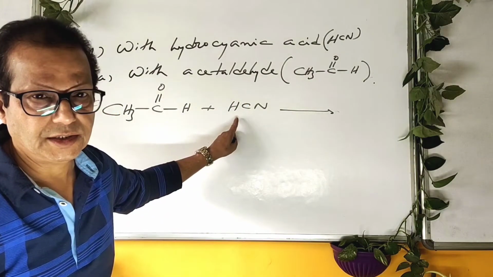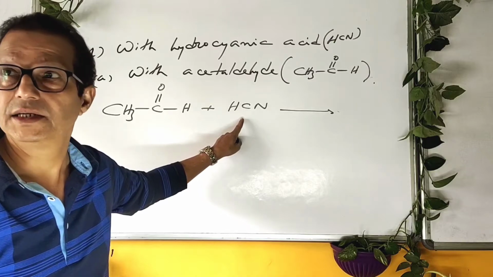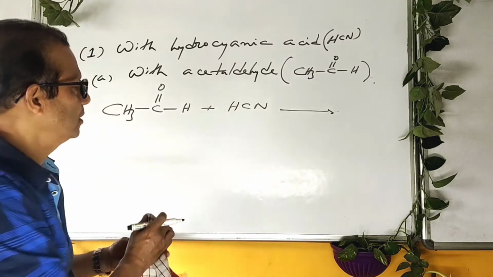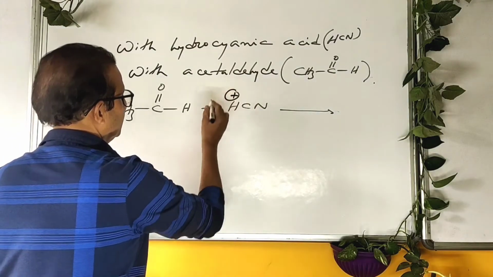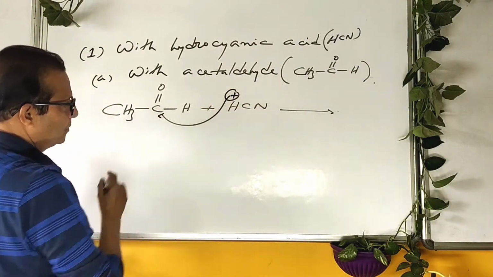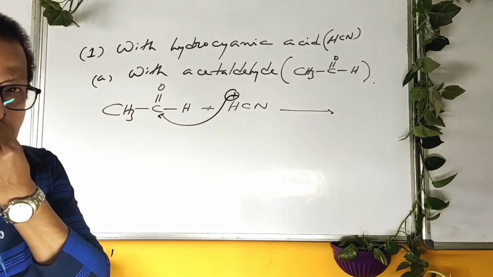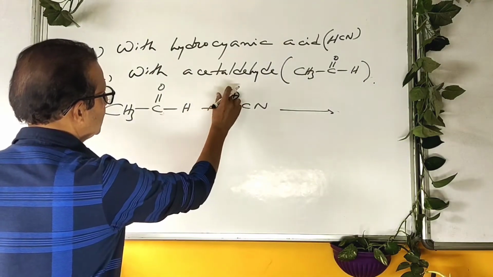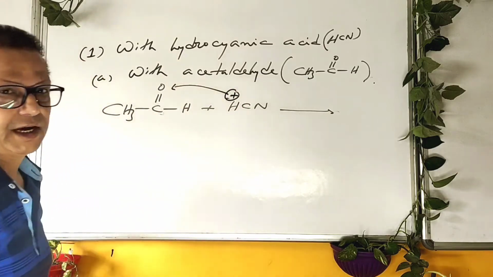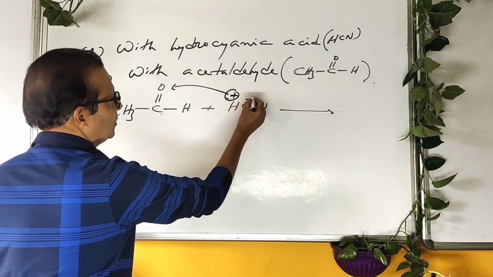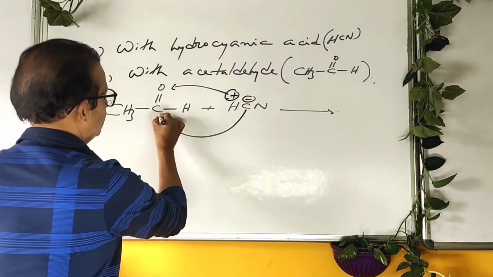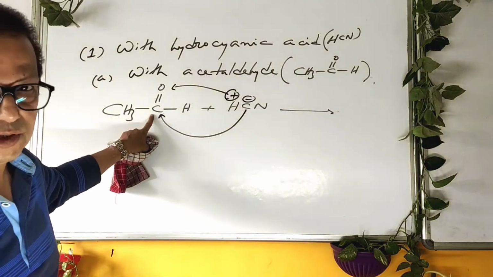Whenever you dissociate hydrocyanic acid, the hydrogen positive ion gets attached to the oxygen atom, and the negatively charged cyano group attaches to the carbonyl carbon.